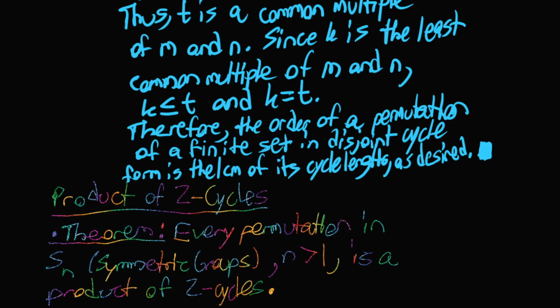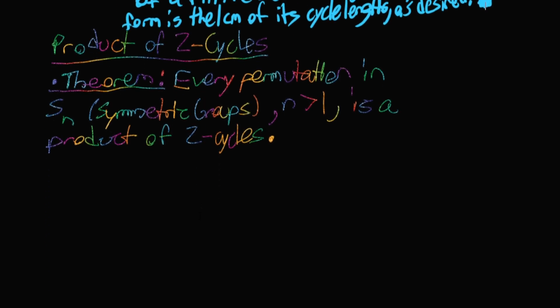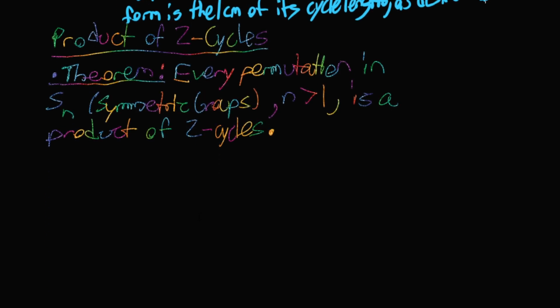Now let's take a look at the next theorem that we have, the product of two cycles. So this theorem was: every permutation in Sn, the symmetric group where n is greater than 1, is a product of two cycles. All right, let's take a look at this one.